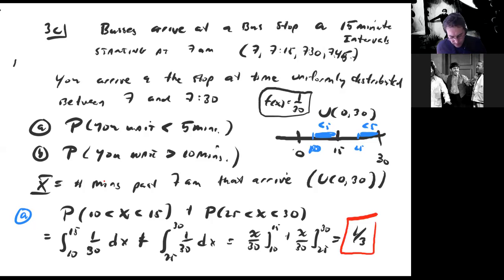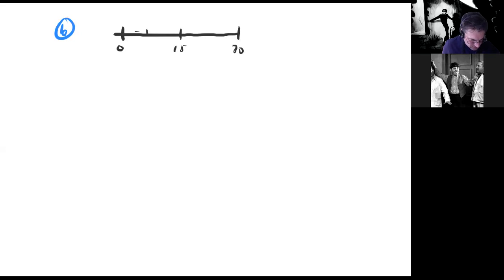Okay, well, what about part B? I'll do that on another slide. Part B is we're asking waiting more than 10 minutes. So let's draw the picture again. So here is every 15-minute interval. So what does it mean to wait more than 10 minutes? It means that you arrived within the first 5 minutes from 7 o'clock, or you've arrived within 5 minutes of 7:15.